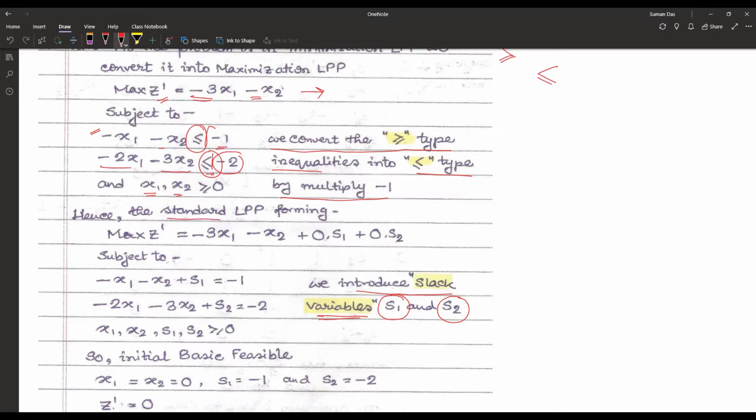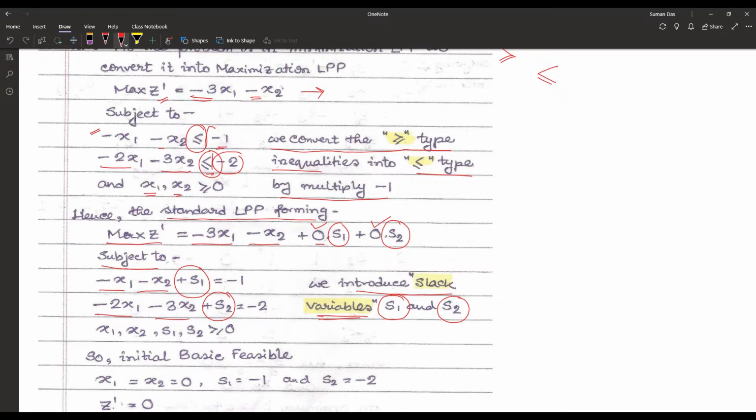The standard LPP is: maximum of Z1 is equal to -3x1 - x2 plus 0 S1 plus 0 S2, subject to -x1 - x2 plus S1, and -2x1 - 3x2 plus S2.